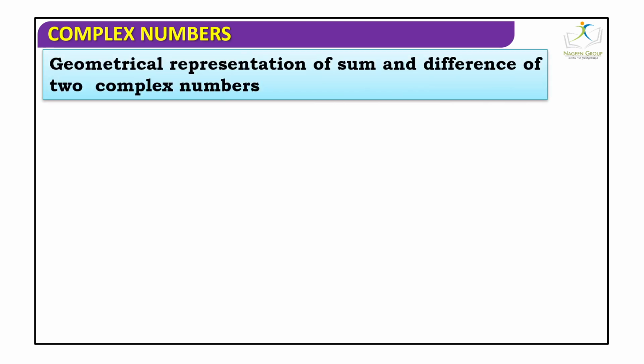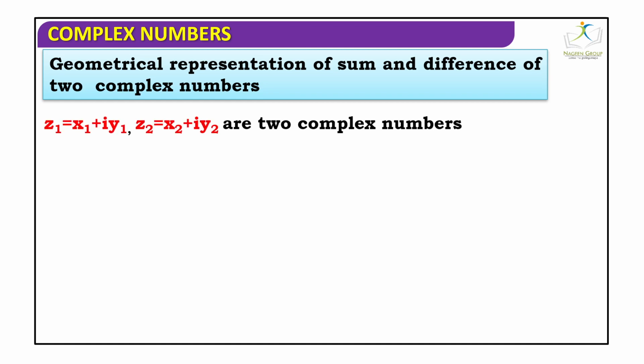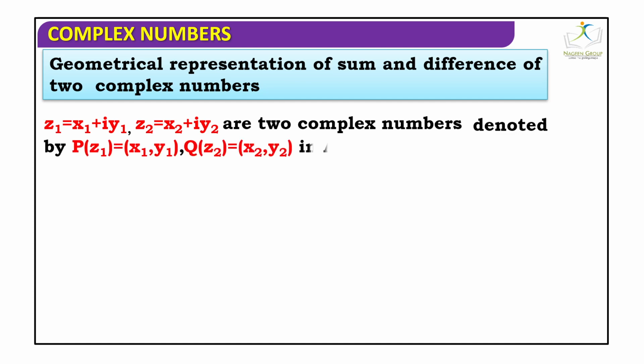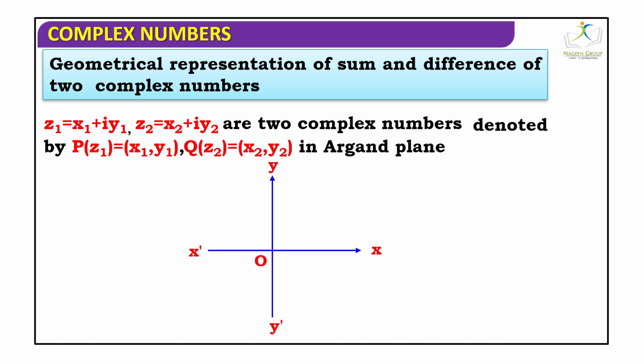Now geometrical representation of sum and difference of two complex numbers. Z1 we are saying is x1 plus iota y1. Z2 equals x2 plus iota y2. These two complex numbers are denoted by P of Z1 equals (x1, y1) and Q of Z2 equals (x2, y2) in the Argand plane. Now this is complete.